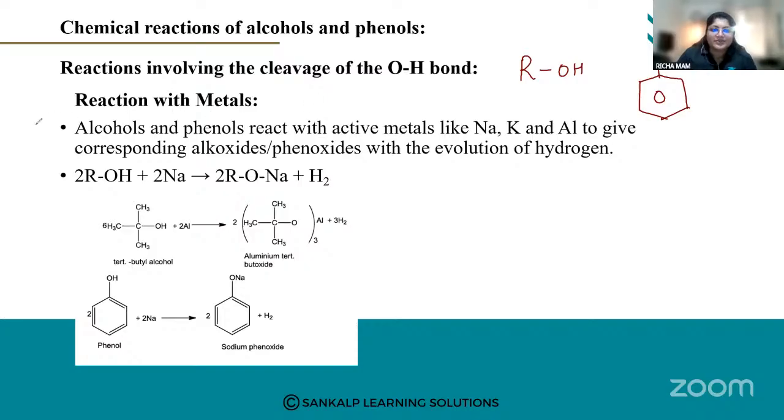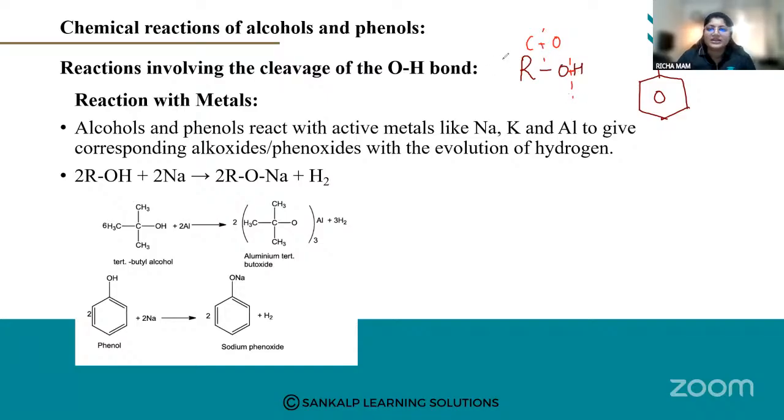Here you can see the bond can be broken between the C-O bond, or it can be broken between the O-H bond. So two types of chemical reaction can occur: either by breaking the C-O bond, or by breaking the O-H bond.